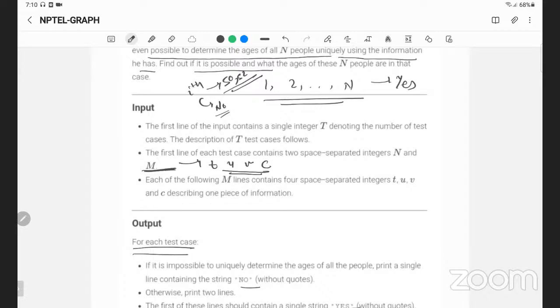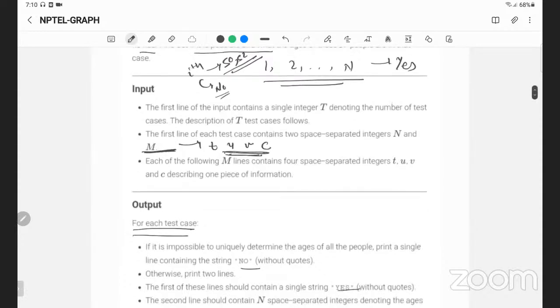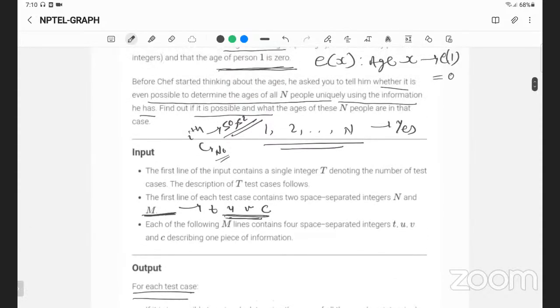So using these m queries, we'll need to determine the ages of all the n persons. So this is just the information of the question.